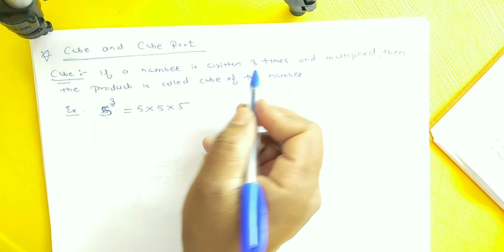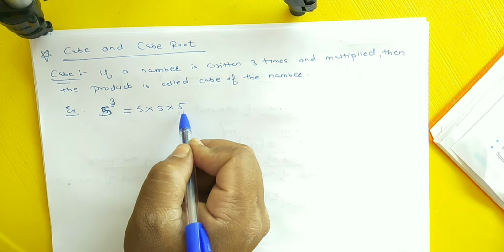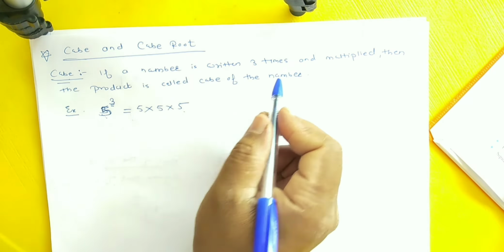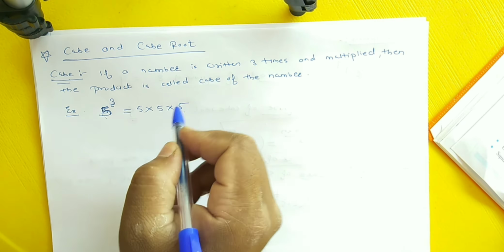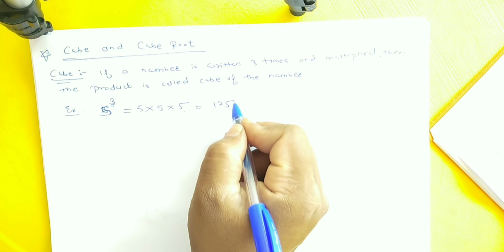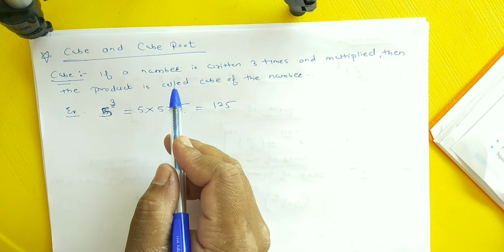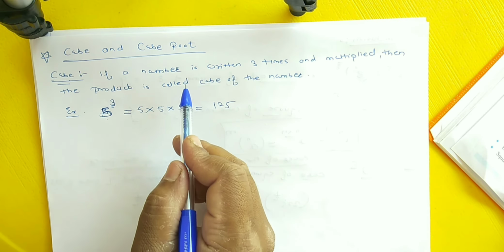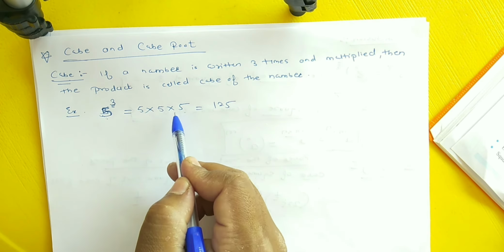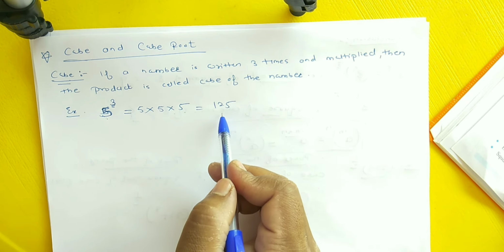If the number is written 3 times, 5 is written 3 times, and multiplied, the answer is 125. Whenever you want to find the cube of any number, you have to write that number 3 times and multiply it, and you get the cube.